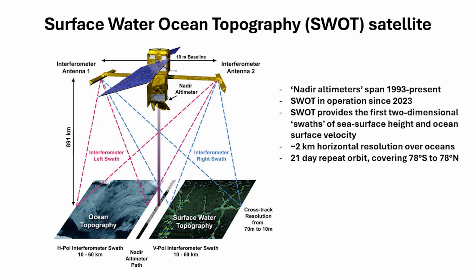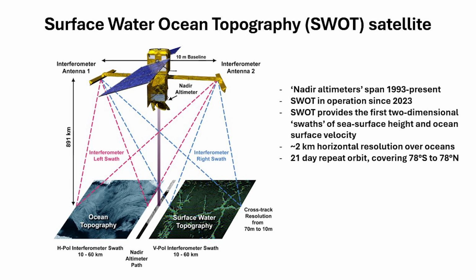I can show you an example in a second, but in order to address that, there's this new satellite called the Surface Water Ocean Topography Satellite. So in addition to this nadir altimeter, which is what the old satellites had, just this one point right below the satellite, we are now getting these swaths of data on either side of the nadir.